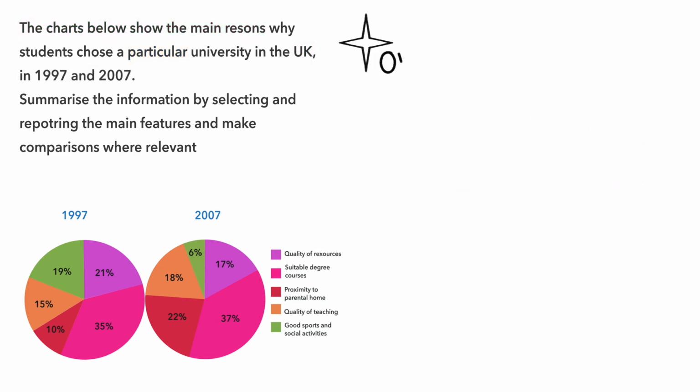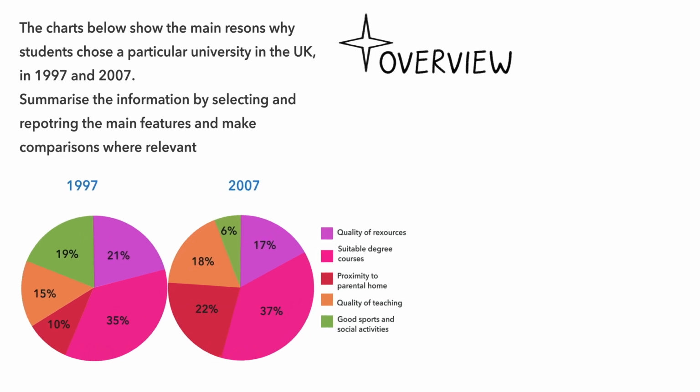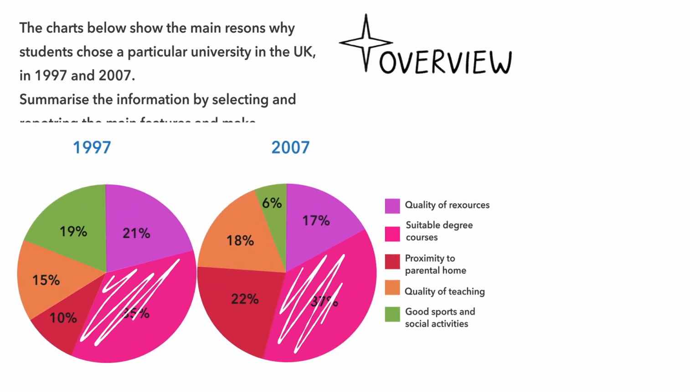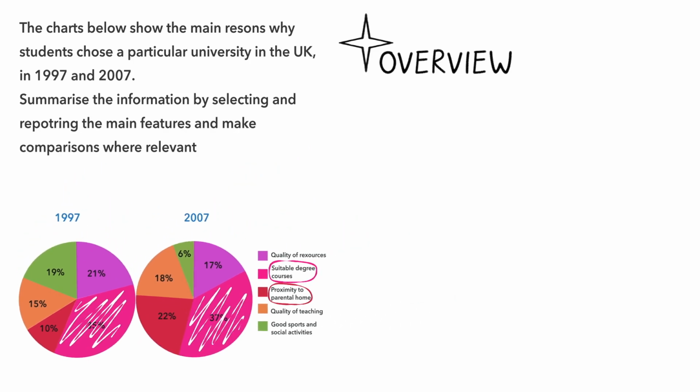Now, let's write our overview paragraph. And we talked about this. We are going to write about the main feature, which is suitable degree courses, and then the main trends, proximity to parental home, and good sports and social activities. So I'll start with something like this.